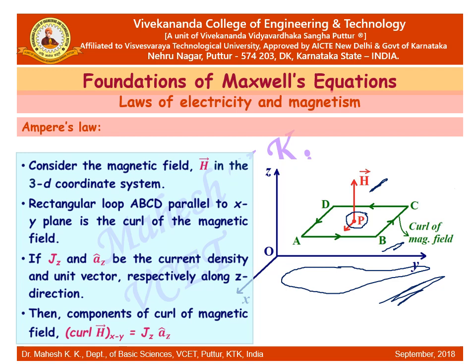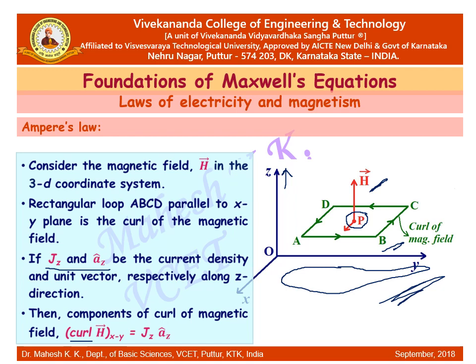Consider some JZ and AZ cap as the current density and unit vector respectively along the Z direction. Then the components of the curl of the magnetic field can be shown like this.